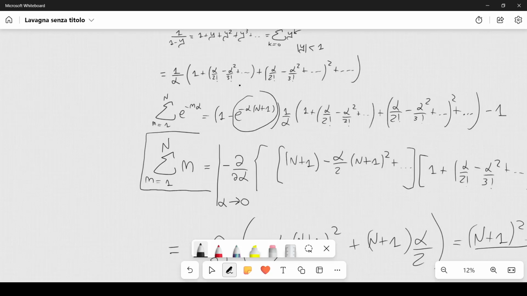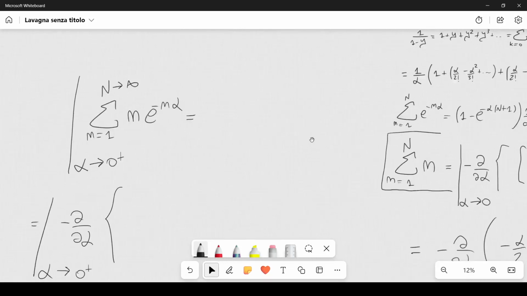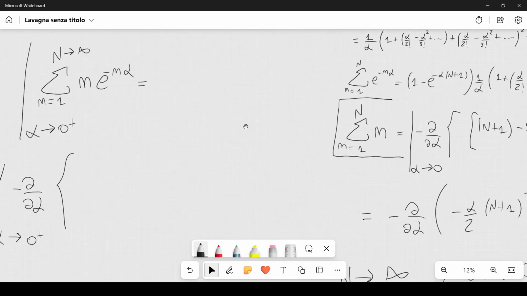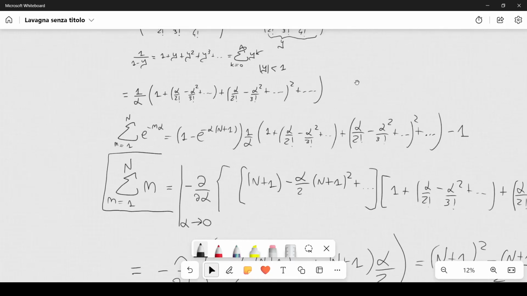So this exponential will go to 0. In particular, this expression will simplify because this first part is equal to 1. So we have 1 over alpha, and then of course we are left with all these terms here.